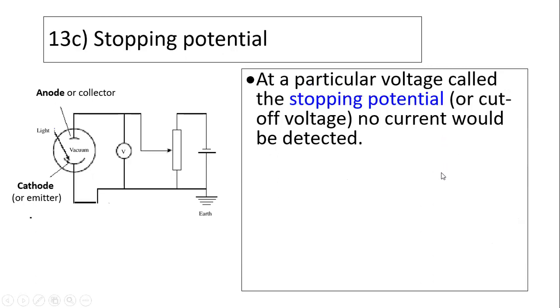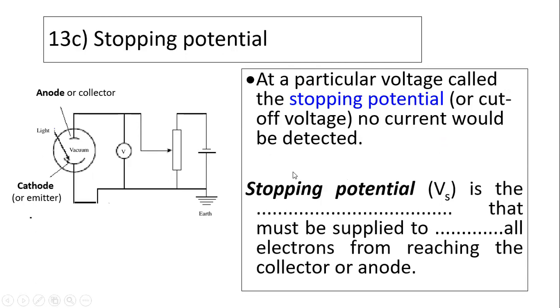That's where we define our stopping potential. At a particular voltage called the stopping potential, or some people call it cut-off voltage, no current will be detected. We define stopping potential as the negative voltage that must be applied to stop all electrons from reaching the collector or anode.